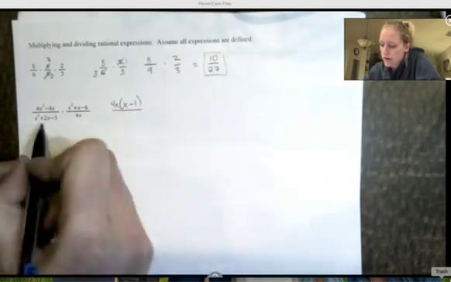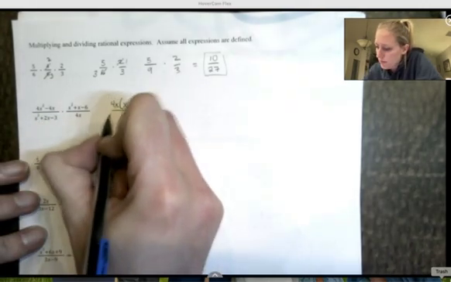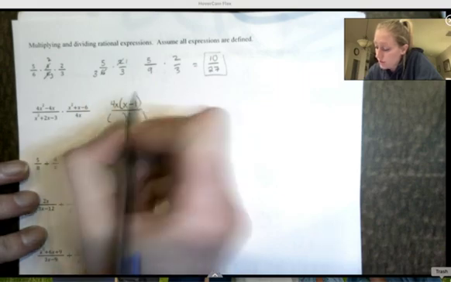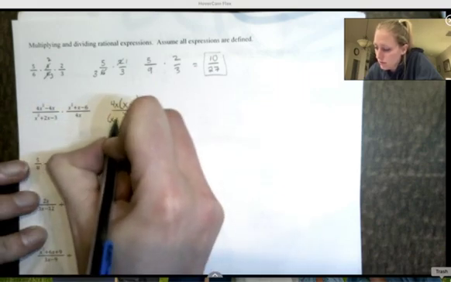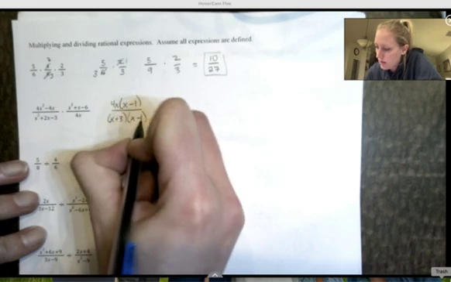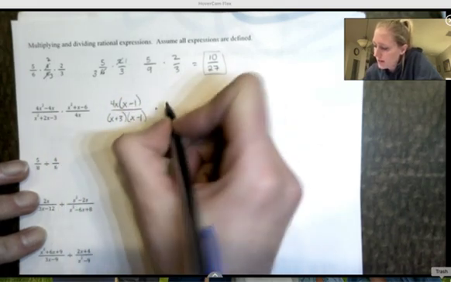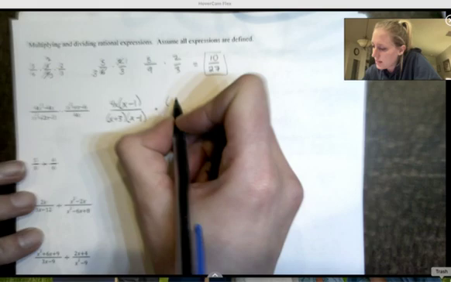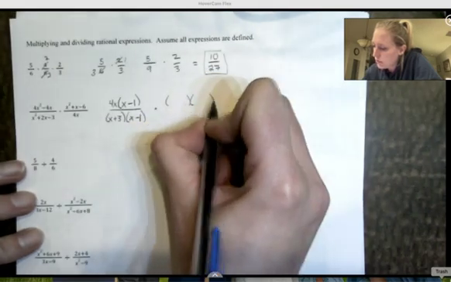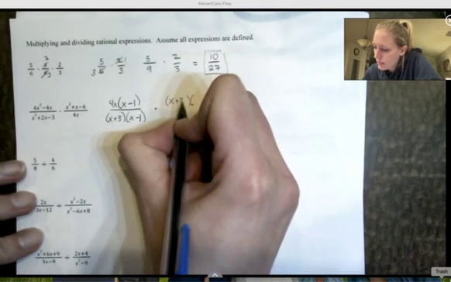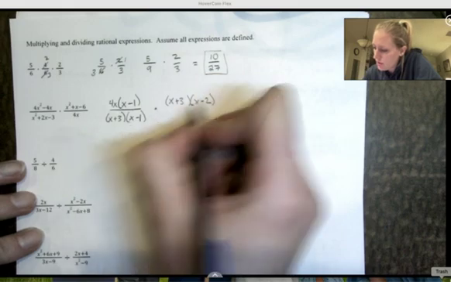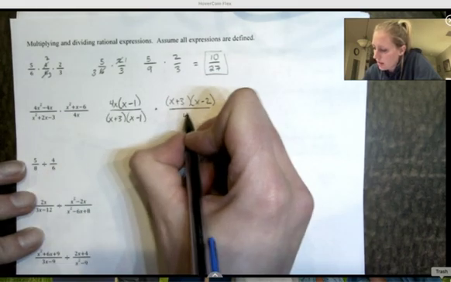On the bottom, I have a trinomial. So numbers that multiply to be -3 that add up to be positive 2 are 3 and -1. Times, factor this one. So numbers that multiply to be -6 that add up to be positive 1 are 3 and -2. And then 4x, there's nothing I can simplify there.